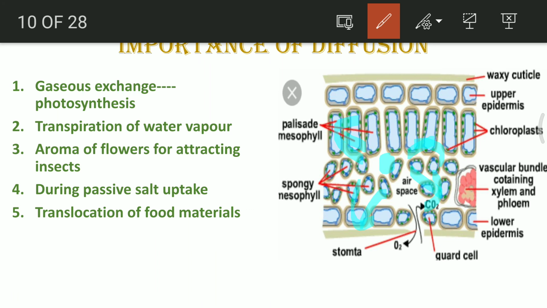Another example can be, if you are present in a particular room and you switch on the fan and spray the deodorant over the fan, you will see that the even distribution of the aroma of that deodorant is taking place inside the entire room. That process is known as diffusion of substances inside aerosols inside the atmosphere.